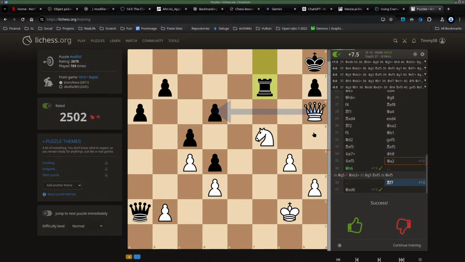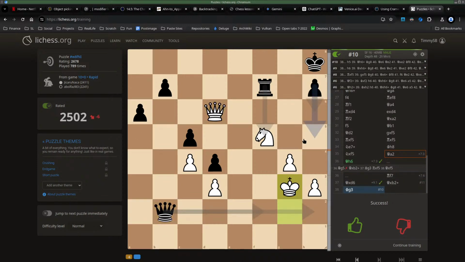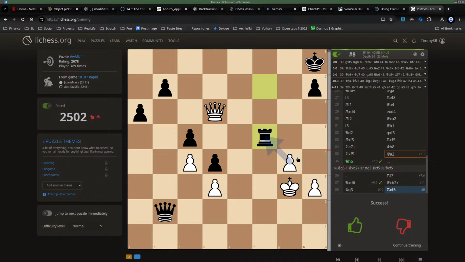But I suppose we still have something, because if you take this pawn, you threaten to go there. The rook cannot go back. The rook cannot go here. The rook can do whatever it wants. It can still take my knight though. Let's start with a check. And then take the knight.